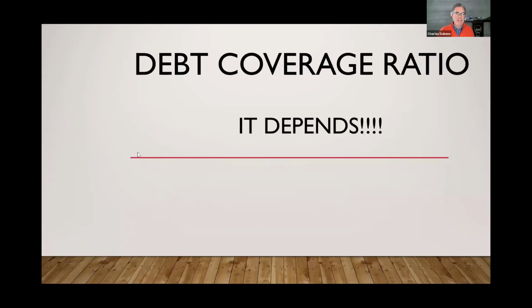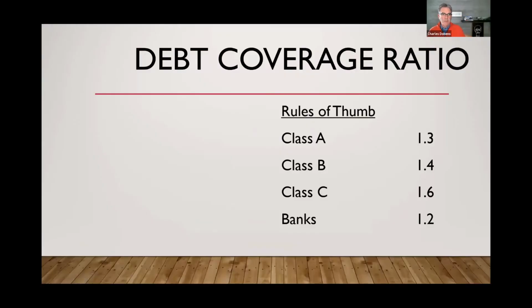It depends. You can't just say one number is okay. You have to understand more about the deal, more about the property in order to determine whether that debt coverage ratio is the right one. And I have rules of thumb that I use for the debt coverage ratio.